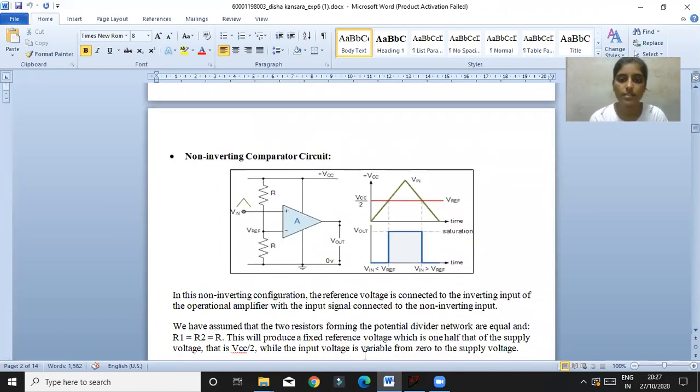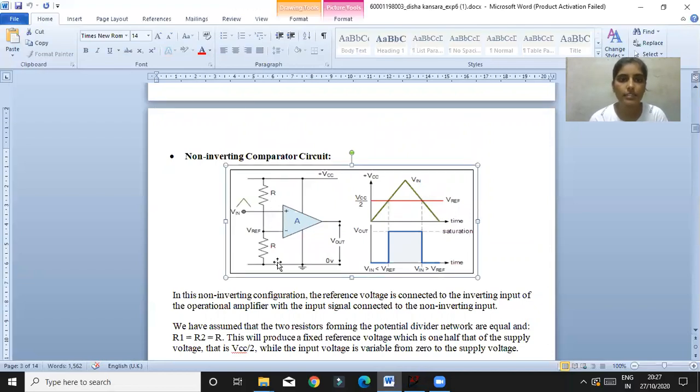So let's now see the non-inverting comparator. This is the circuit and theory of the non-inverting comparator, where the reference voltage is connected to the inverting input of the op-amp, and the input signal is connected to the non-inverting input.